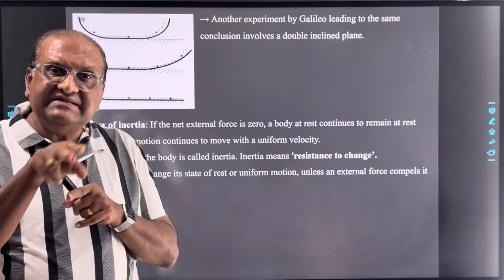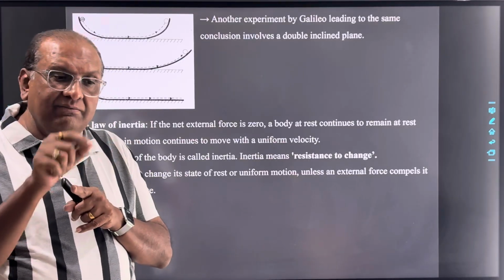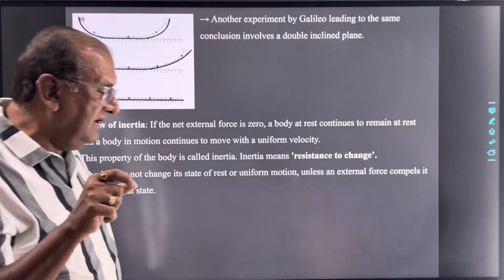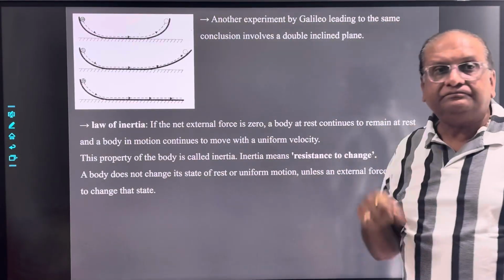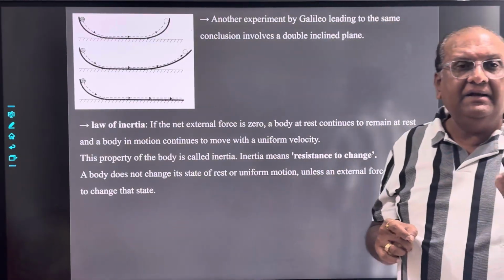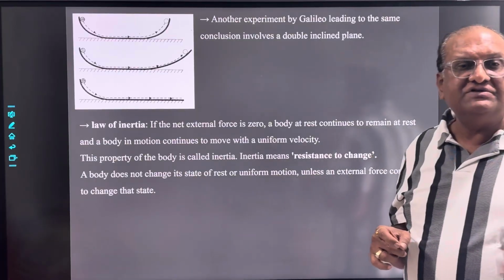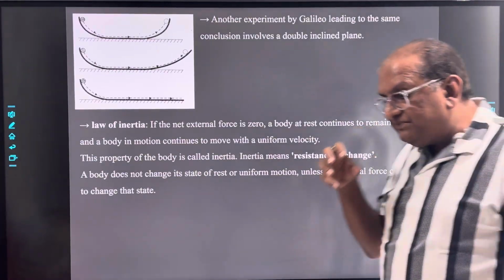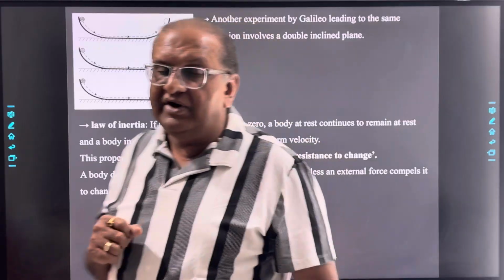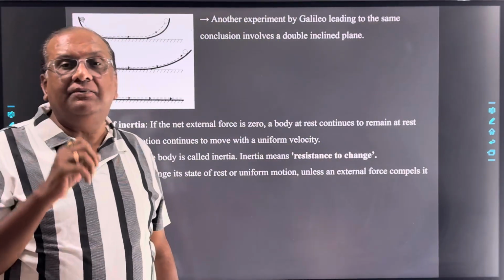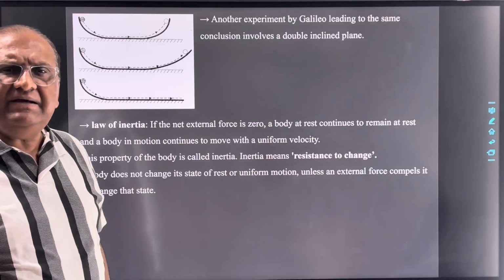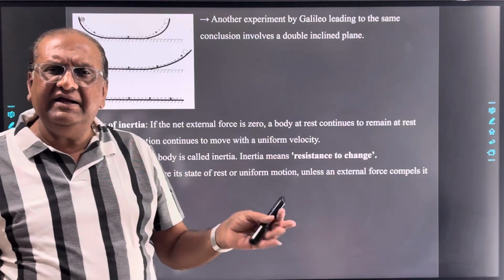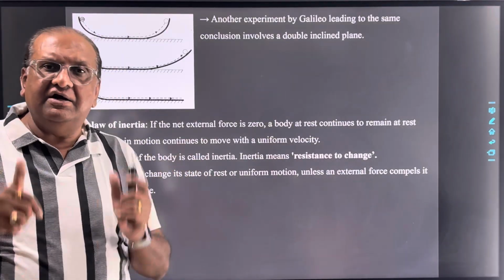If the body is in motion, then it moves with uniform velocity and continues this motion till the net external force is not acting. So this particular characteristic of the body, or property of the body, is called inertia, and that is nothing but resistance to change. Clear to all of you?